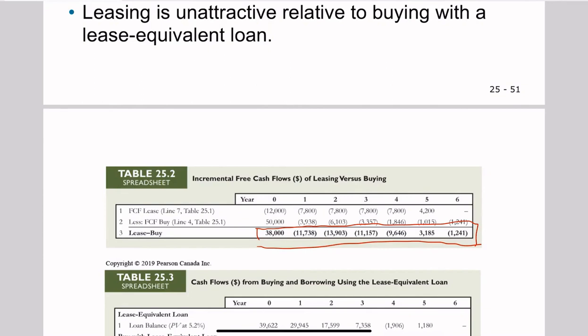And if the NPV is negative, then we would say that leasing is undesirable relative to buying, right? This is quite intuitive because these cash flows are the incremental free cash flows from leasing versus buying. So if the present value of these cash flows is negative, then this basically tells us leasing relative to buying is undesirable.